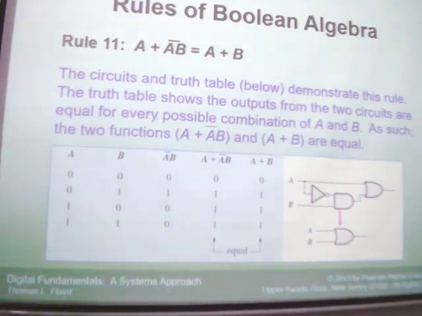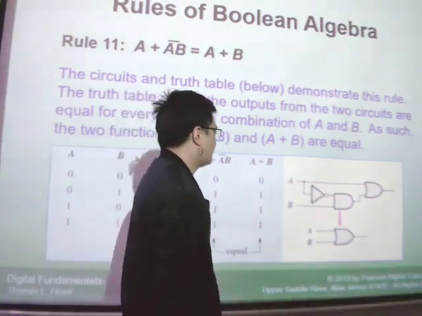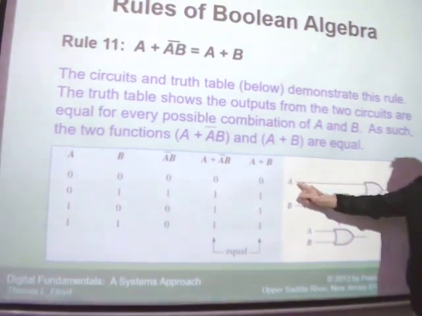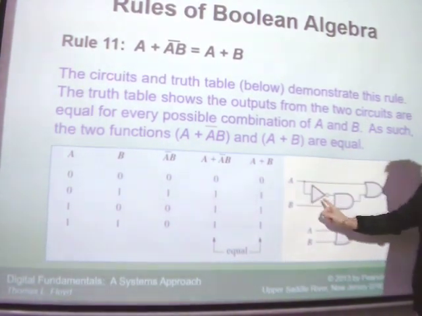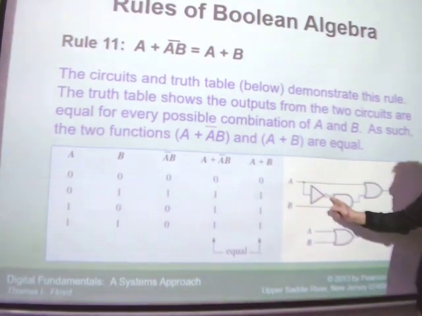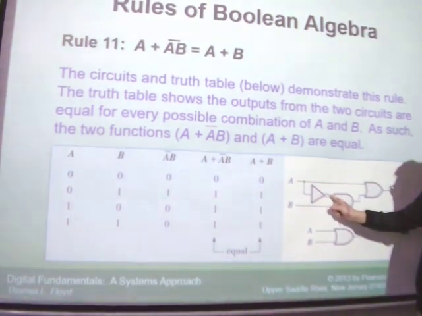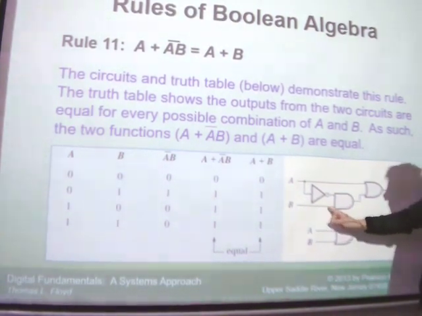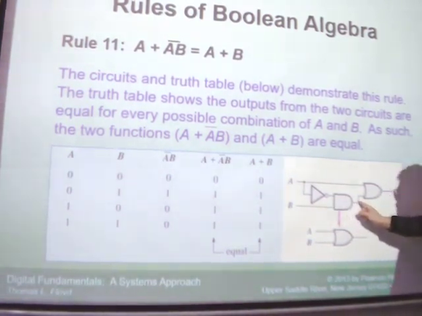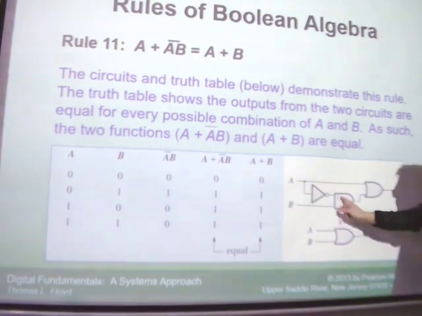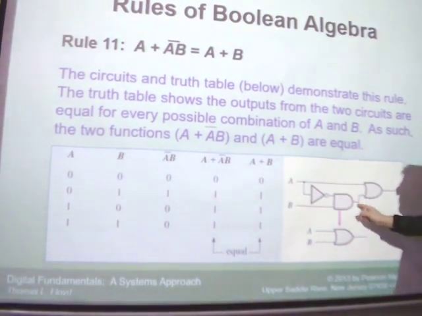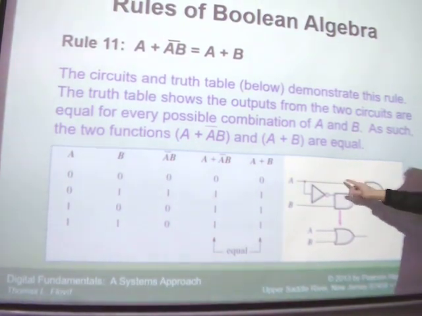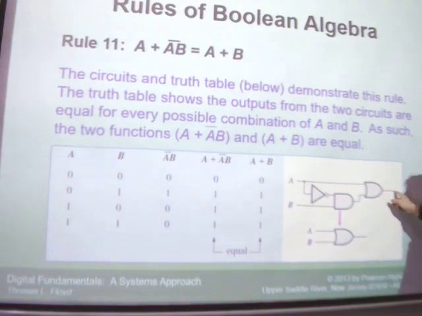A over bar and B is the circuit. First, this is the value of A, and then this is the complement of A, A over bar, right? A over bar and B is the output. The output of this AND gate is A over bar and B, and then A over bar and B or A is the last output.